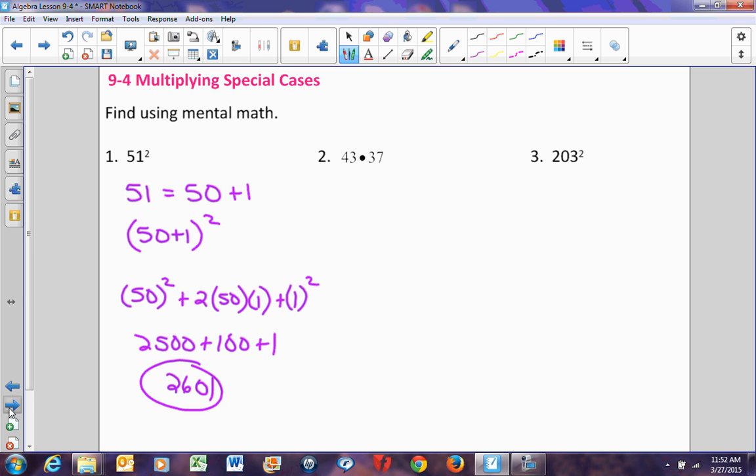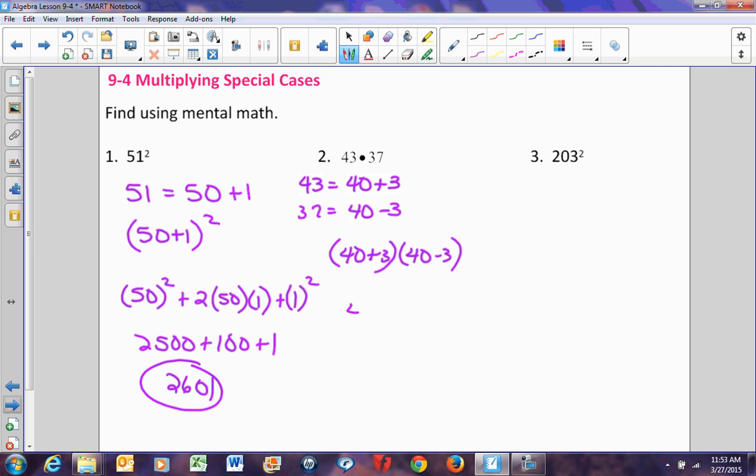Let's think of 43 times 37. You might go, how in the world is that supposed to be helpful? Well, I think of 43 as being 40 plus 3, and 37 as being 40 minus 3. So that gives me 40 plus 3 times 40 minus 3, which is a plus b times a minus b, which is an a squared minus b squared.